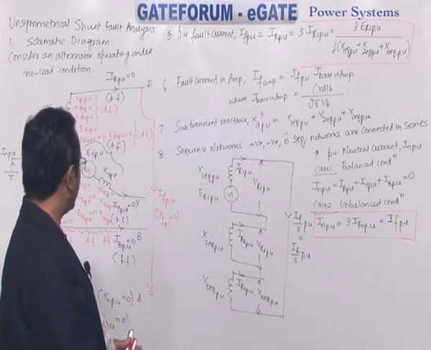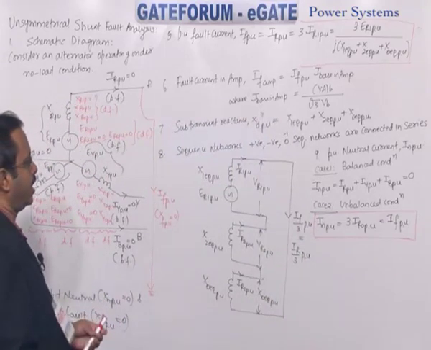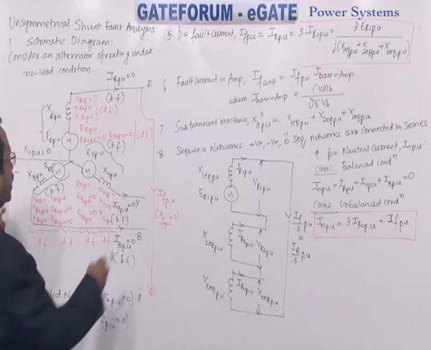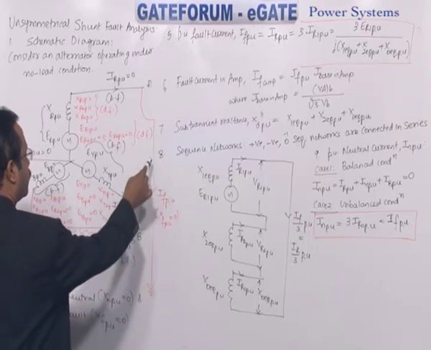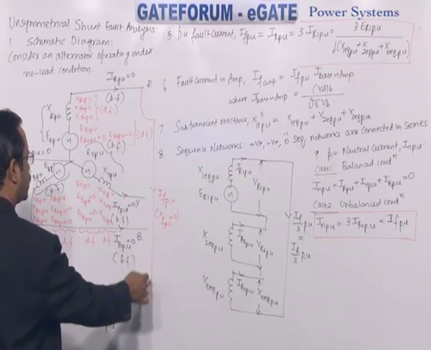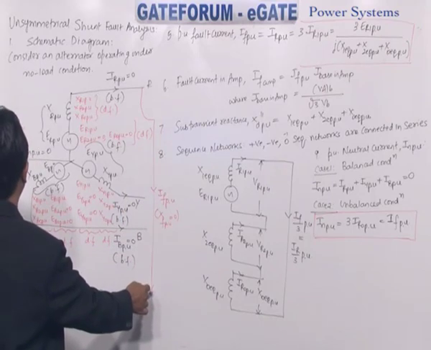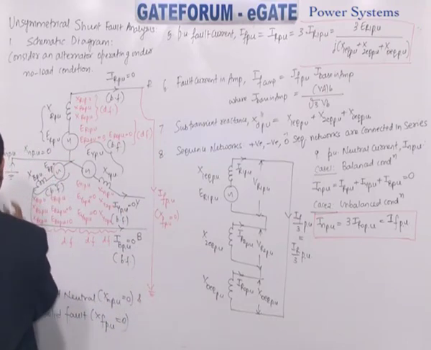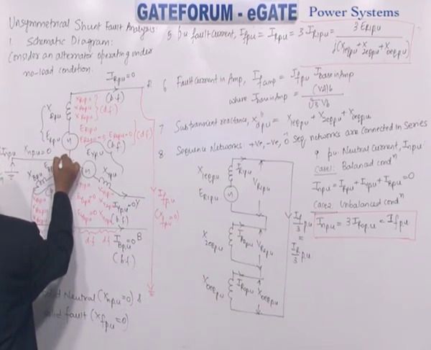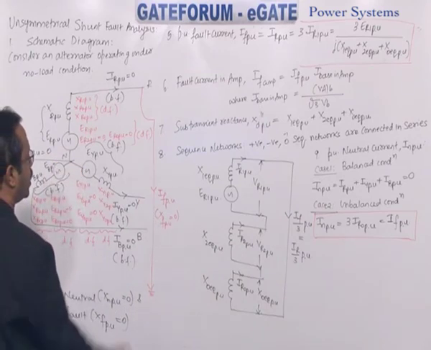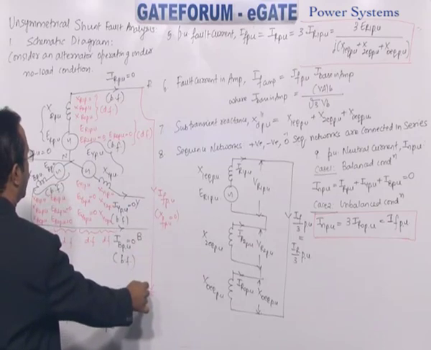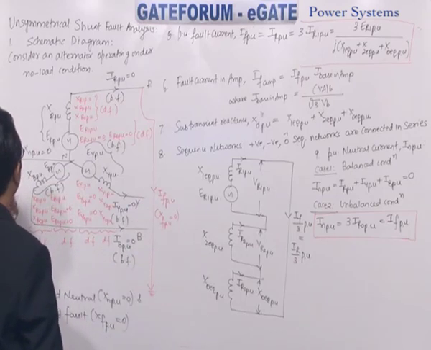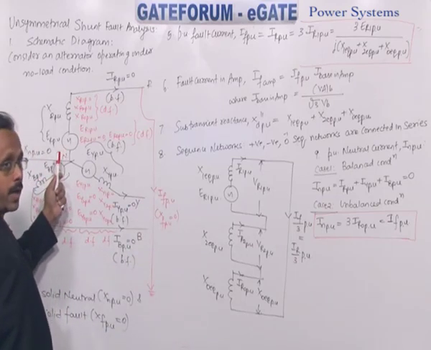Observe here in the figure, the fault current enters into the ground, and the neutral current comes out of the ground. This is the ground point and here the neutral point. So fault current flows into the ground point, neutral current comes out of the ground point.